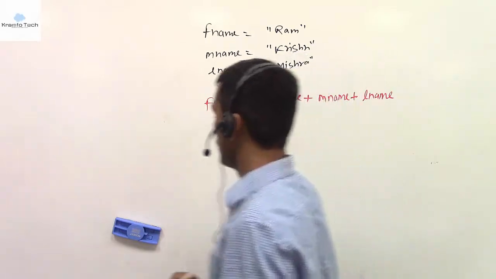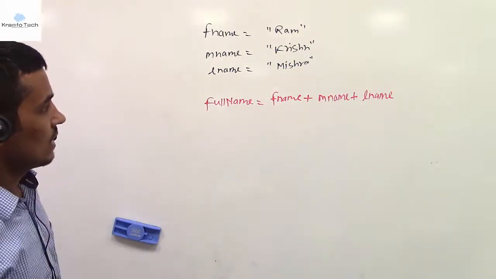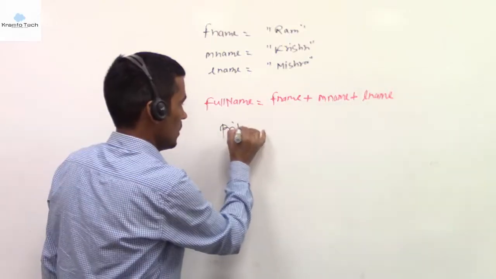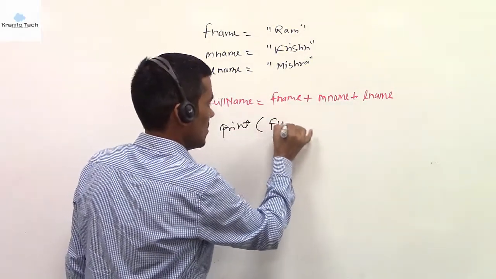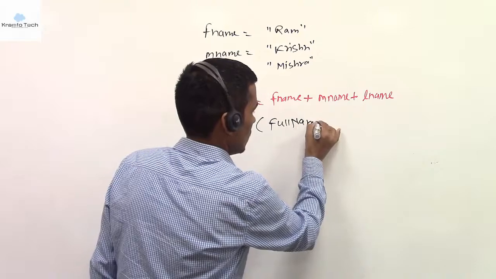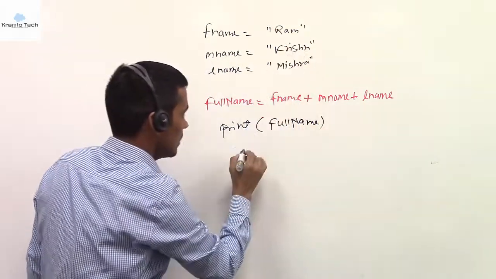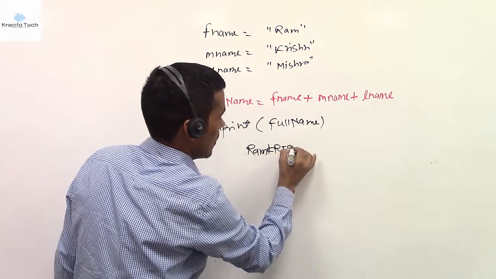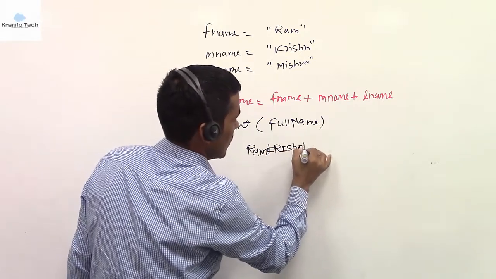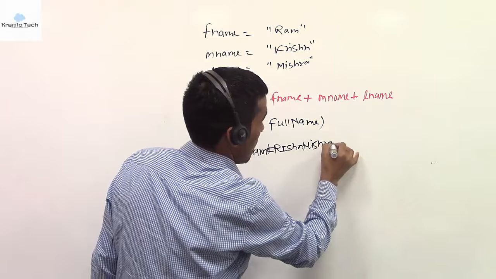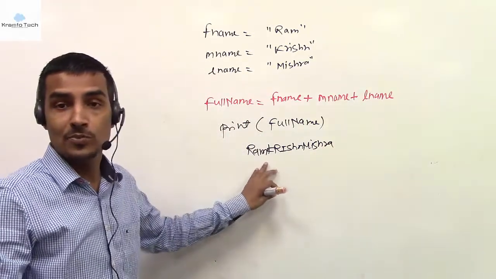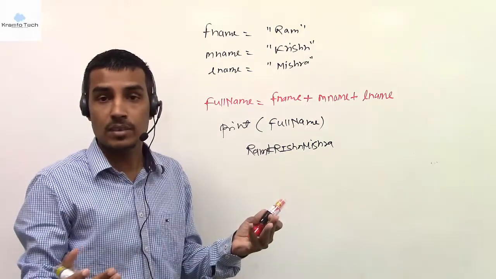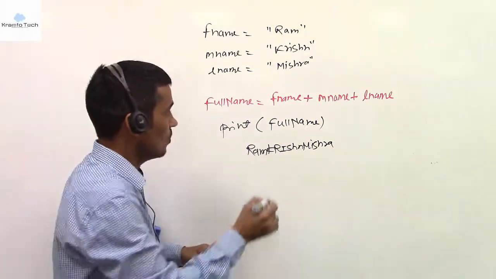What output will you get here? It will concatenate. Let's print this value and you will see the exact full name. You will get Ram Krishn Mishra. But sometimes you need a space between the names as well. So a string can also be a single space.